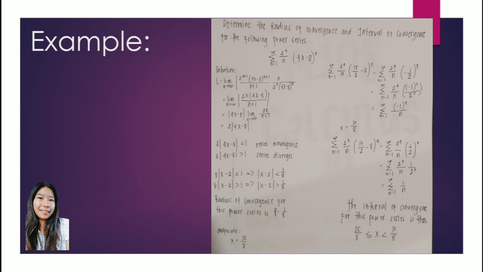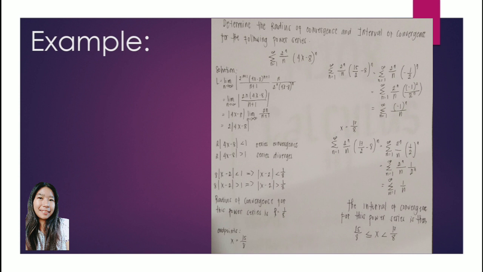Just multiply, then it is equal to the absolute value of 4x minus 8 times the limit as n approaches infinity of 2n all over n plus 1, which is equal to 2 times the absolute value of 4x minus 8.